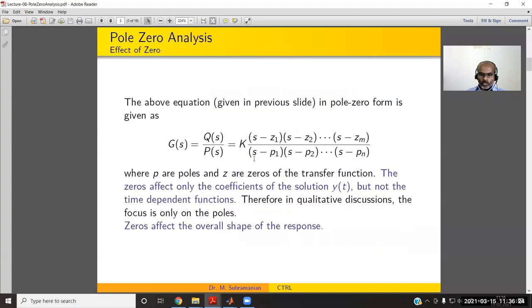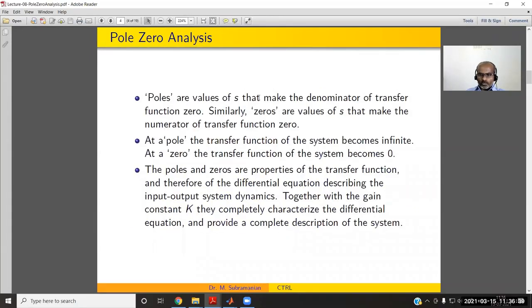So what is the meaning of a pole? At the value of the pole, if you take the roots of this polynomial, the denominator is 0. Likewise, zeros are the roots of the numerator of the transfer function, making it 0.